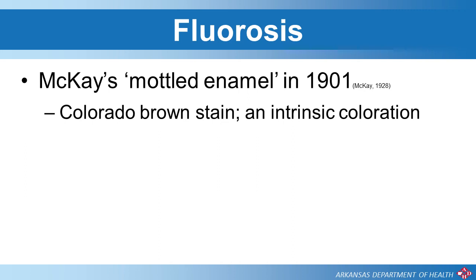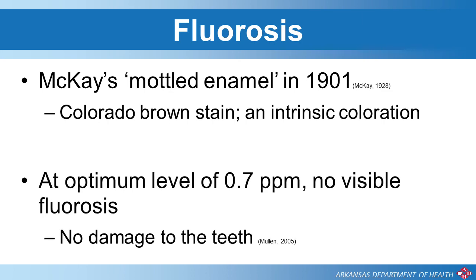What Dr. McKay first noted in 1901, the Colorado brown stain, has led us to the realization that fluoride can provide a beneficial service at the correct concentration. With the current optimum fluoridation level set at 0.7 parts per million, it would be a rare occurrence for dental fluorosis to be noticed. Even so, the teeth are not damaged, they're only stronger.